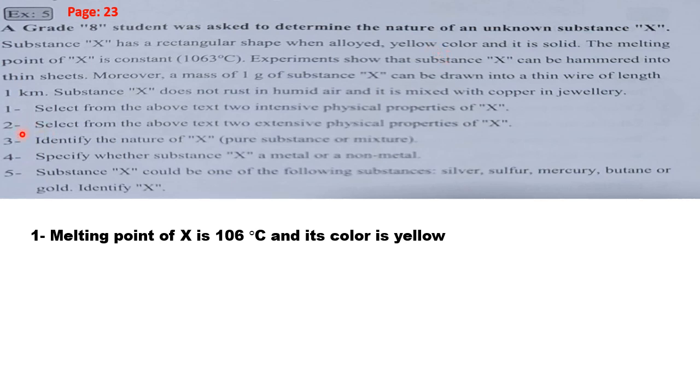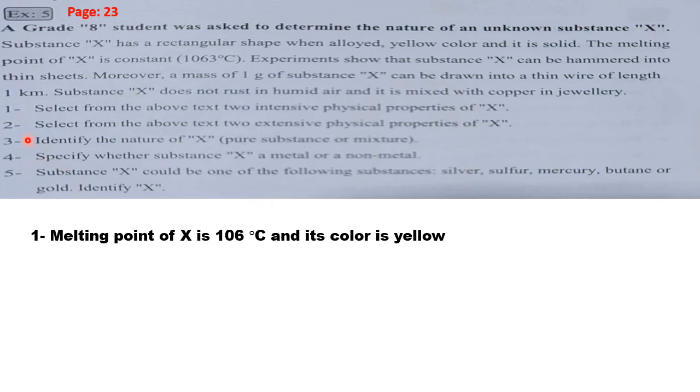Part 2. Select from the above text two extensive physical properties of X. What's the difference between intensive mentioned in part 1 and extensive mentioned in part 2? Intensive properties are independent of the amount of the substance, while the extensive properties depend on the amount of substance present.